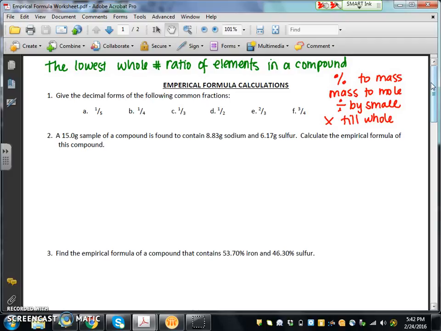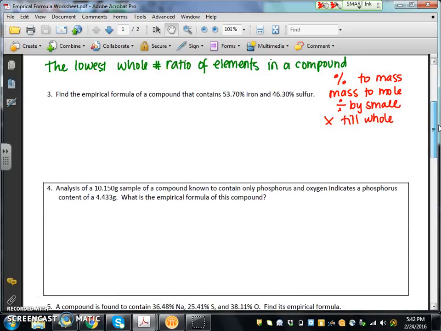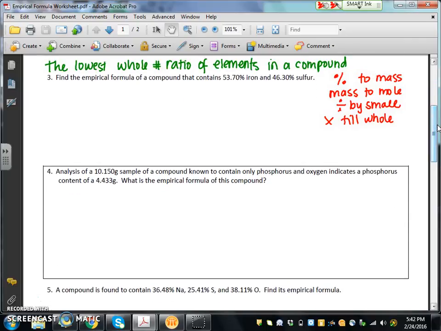So there are 4 lines to this rhyme, and there are 4 steps to calculating empirical formula. So we will go ahead and use that. It should be written at the top of your paper or somewhere in your notes. We're going to use that rhyme to help us solve problems 3 and 4.